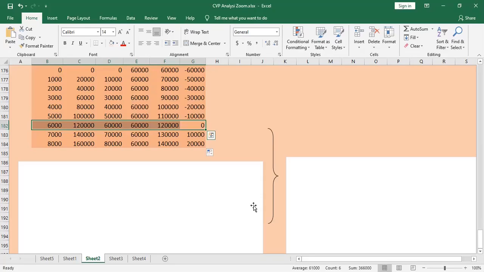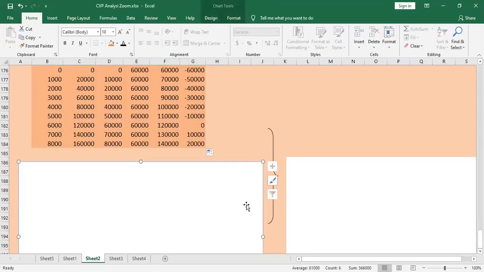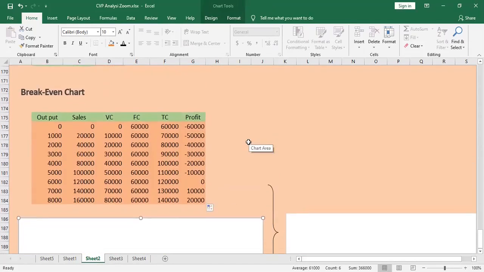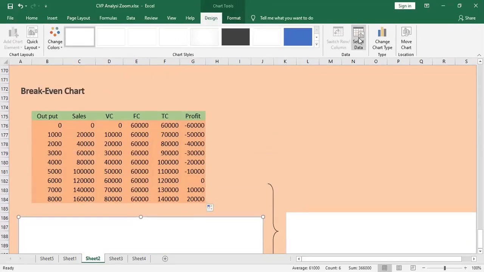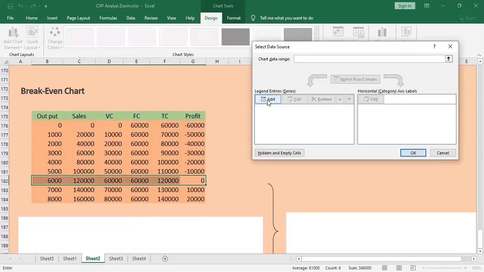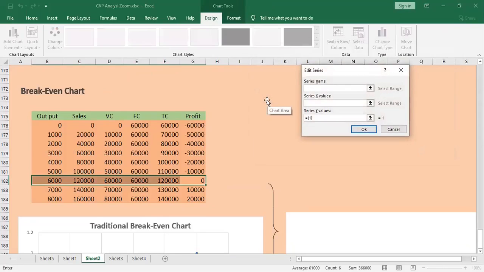So first, let me do the traditional break-even chart. As I said, in the traditional break-even chart, I am going to plot sales, total cost, and the fixed cost. Right. So I'm going to put sales value.